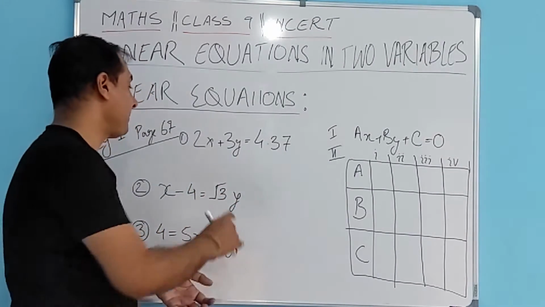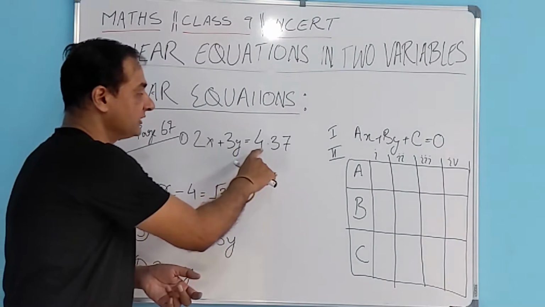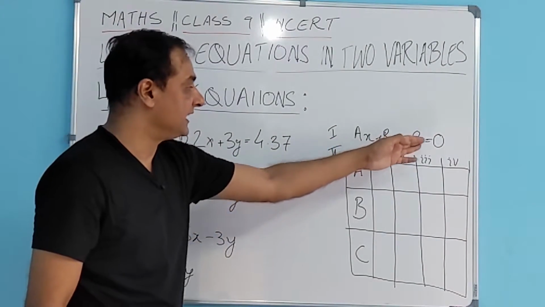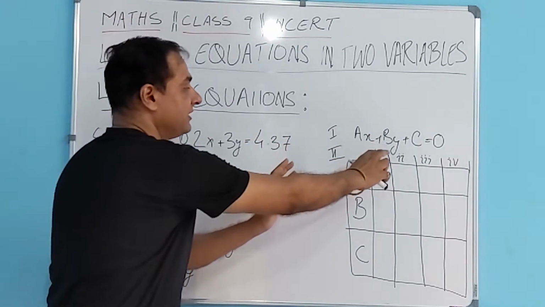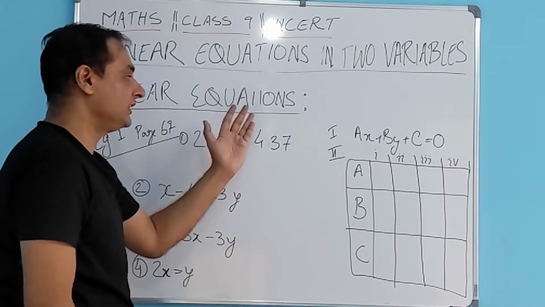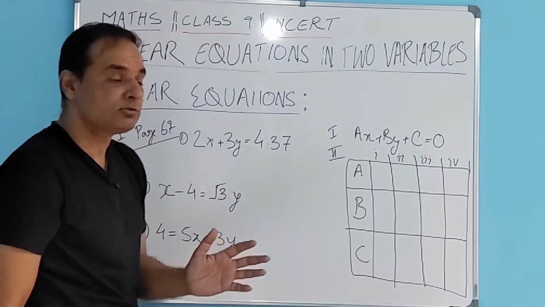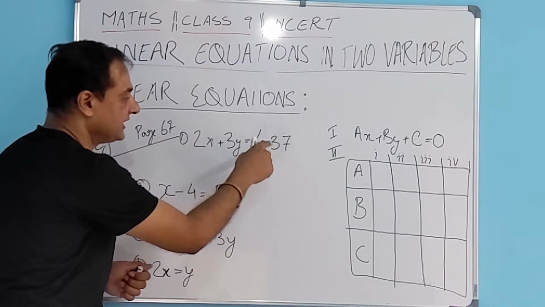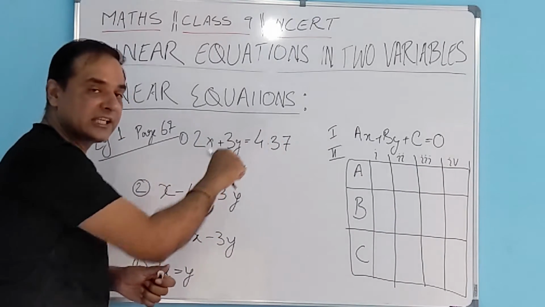What is this question? 2x plus 3y equals to 4.37. Now if you look at ax plus by plus c equals to 0, all these three terms should be on the left hand side, and this should equal 0 in this form. So we can take 4.37 to this side and then equate that to 0.